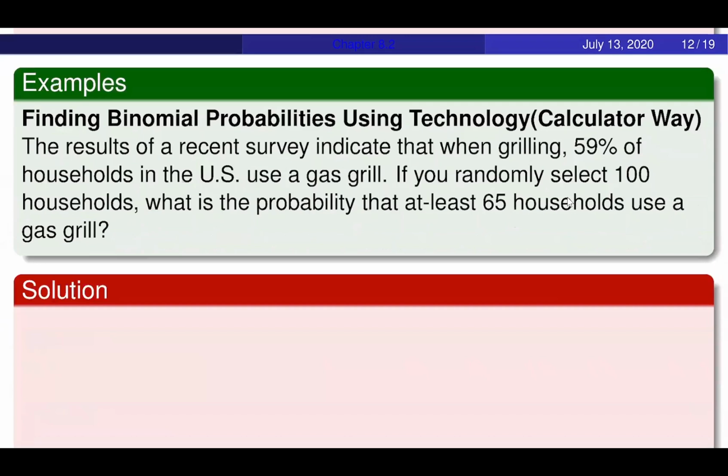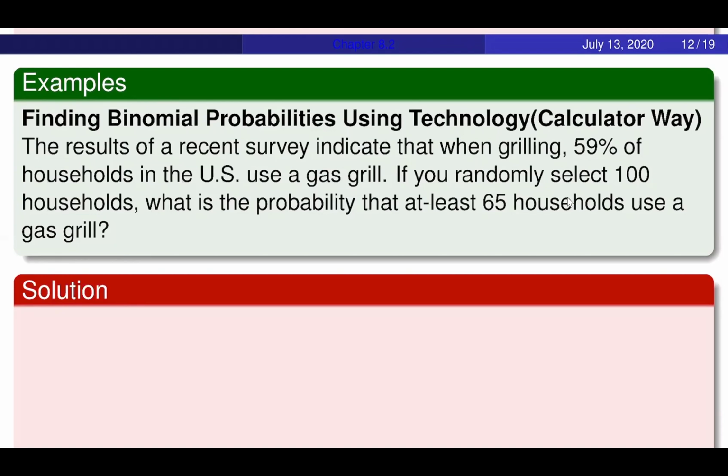All right, so for this one, it says the result of a recent survey indicates that when grilling, 59% of households in the US have a gas grill. If you randomly select 100 households, what is the probability that at least 65 households use a gas grill? So for this one, what's my n? 100.